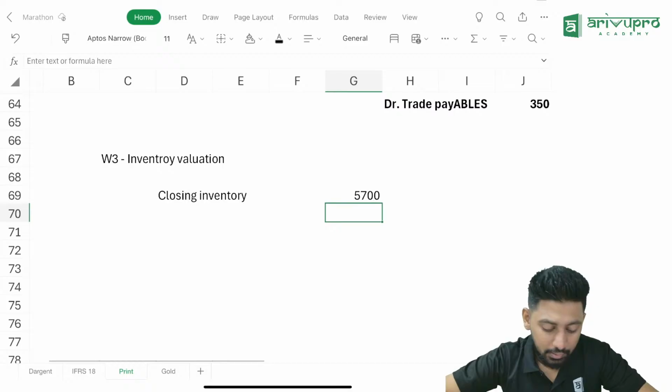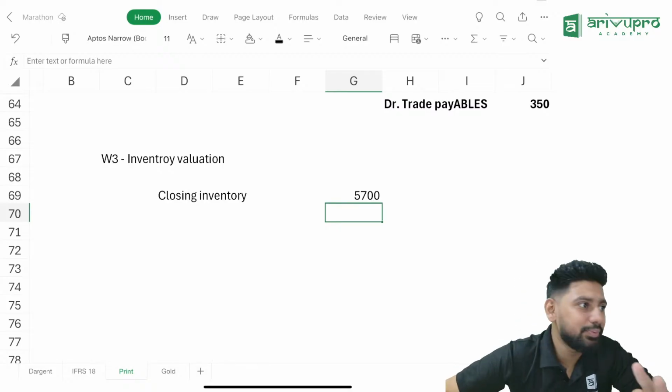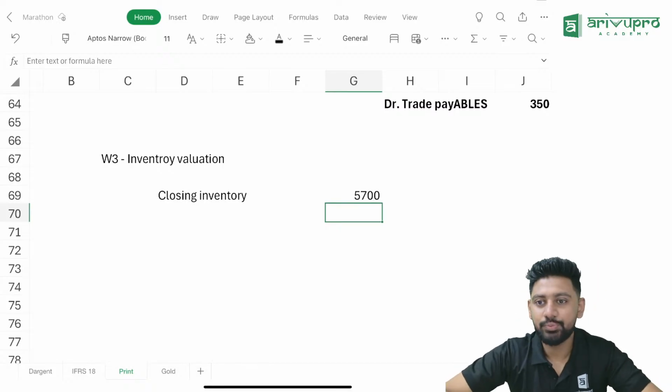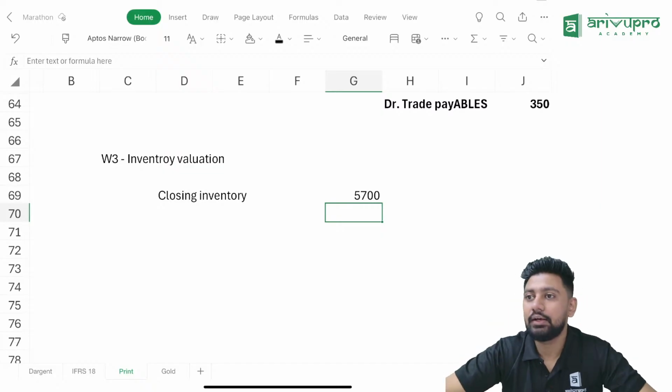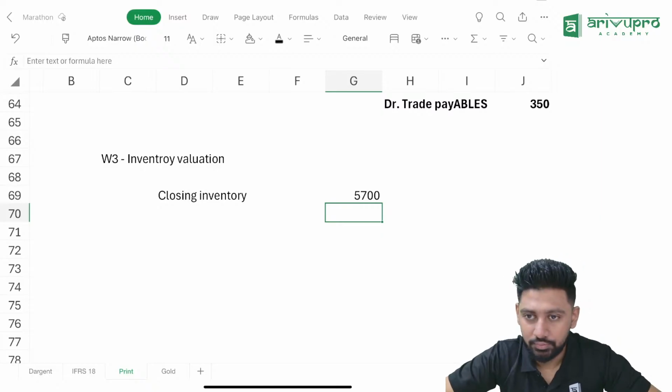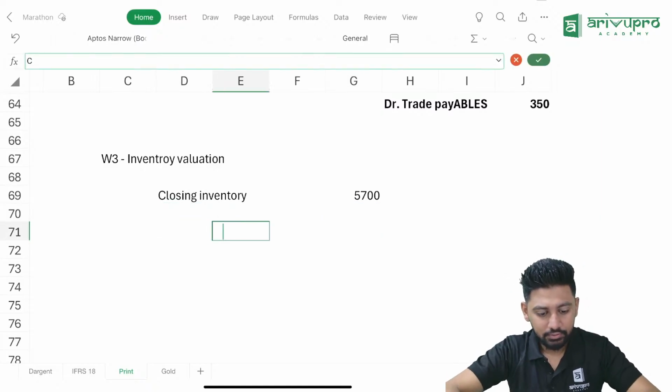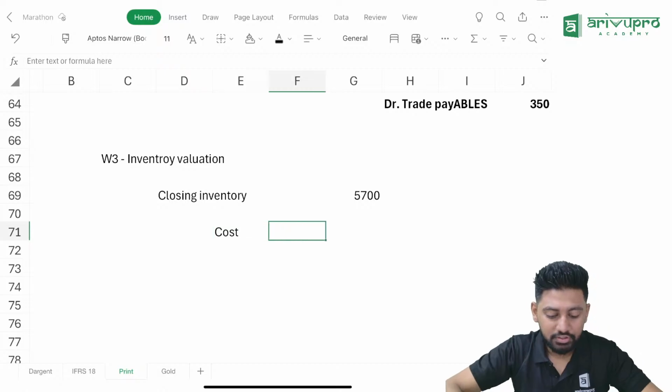5,700 is given. But there are certain adjustments that we have to do, probably to understand if there is any write down in terms of inventory. So first I'm going to take the cost. Now how much is the cost?